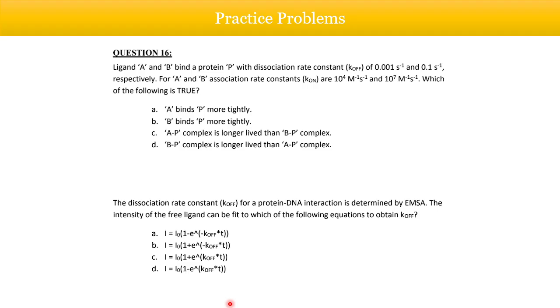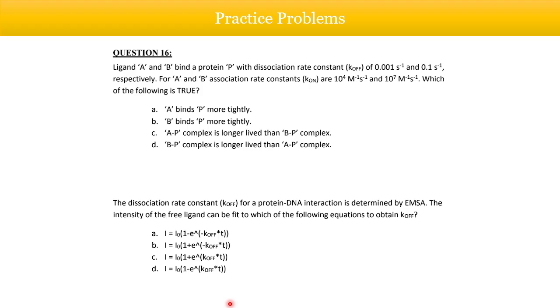So you know the K off rate and you know the K on rate of the reactions. Let us first focus on the on rate, A binding to P and B binding to P. You see the association rate constant is 10 to the power 4 versus 10 to the power 7. So B has the better K on rate. So B binds P more tightly over here, right?